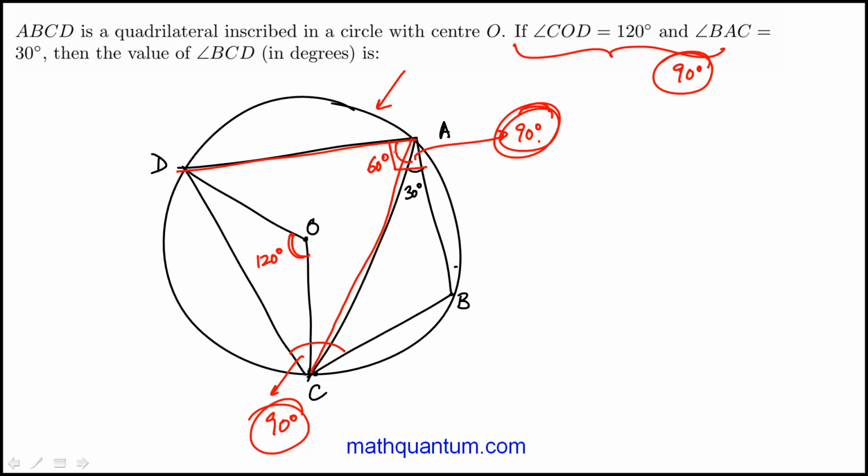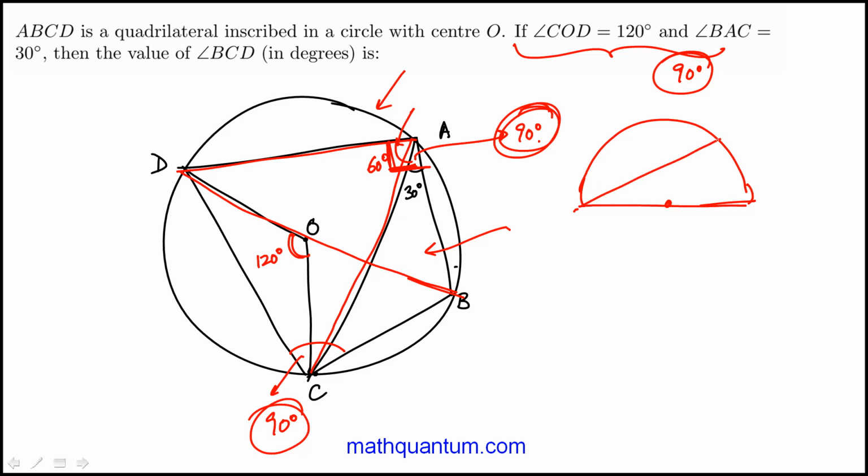If you don't know the fact that the opposite angles in a cyclic quadrilateral are supplementary, then your approach is that once you figure out that this is 90 degrees, and we know ABCD, this is 90 degrees, so if I connect D with B, this has to be a straight line because this is your half a circle, meaning this has to be a diameter because, again, the property we're using is that if you have one of the sides of a triangle that's a diameter, then this angle has to be always 90 degrees.